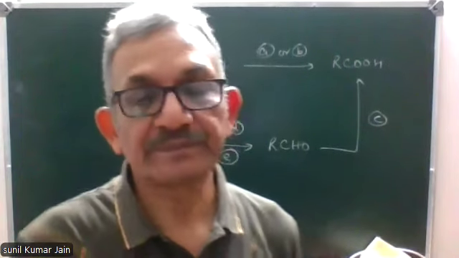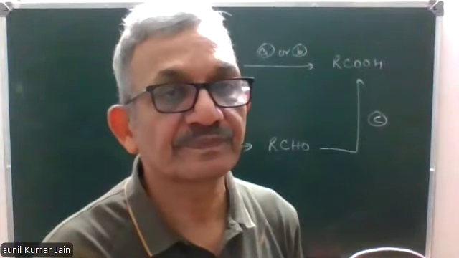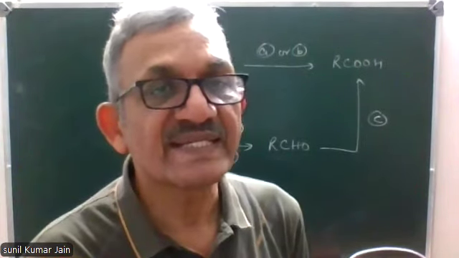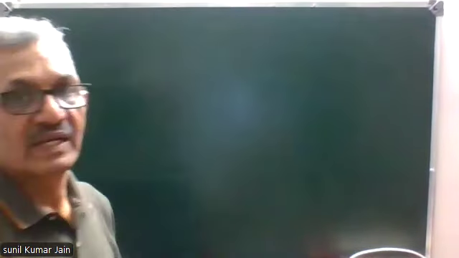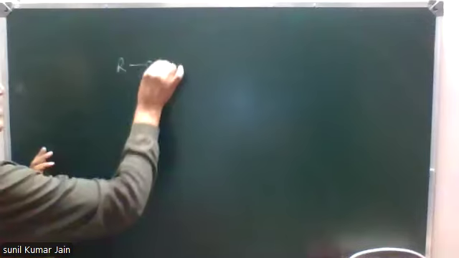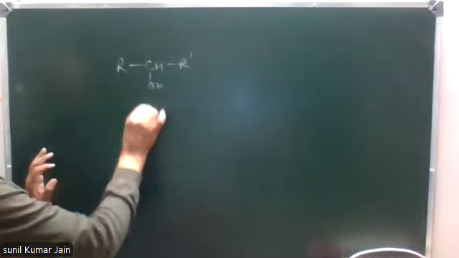Now, B part. Oxidation of a secondary alcohol. Write the equation again. RCHOH R dash.